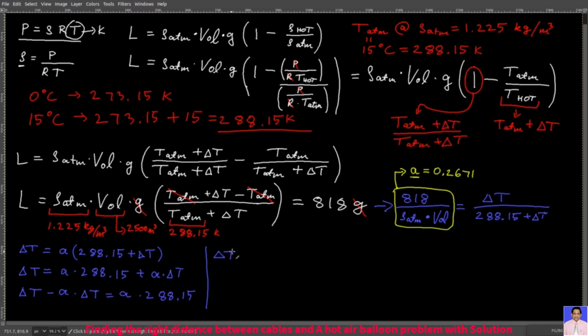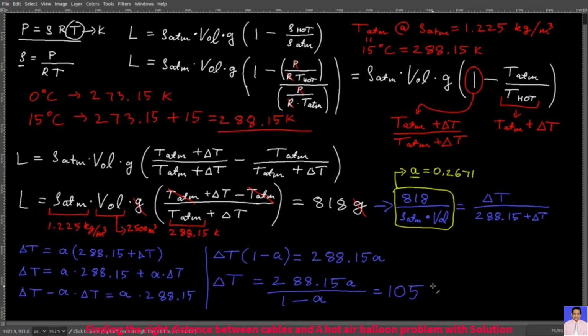Then I'm going to factor delta T out. I will have 1 minus A here equals 288.15 A. And so delta T will be 288.15 A over 1 minus A. And that will be 105 Kelvin. And there you go.